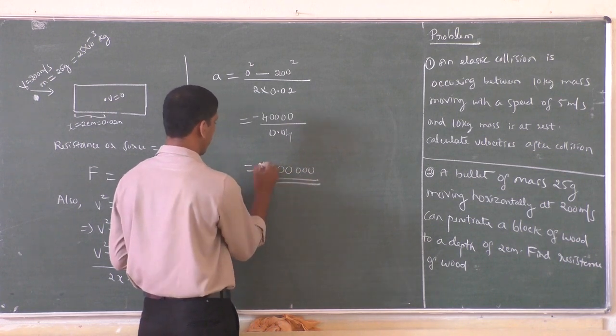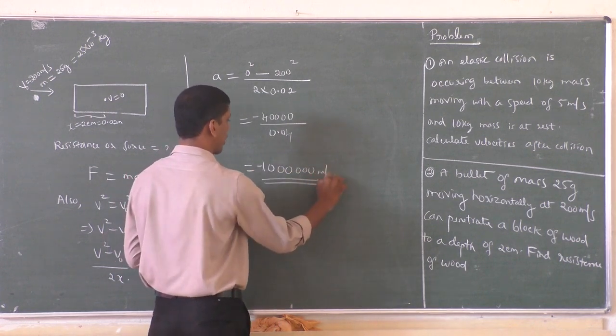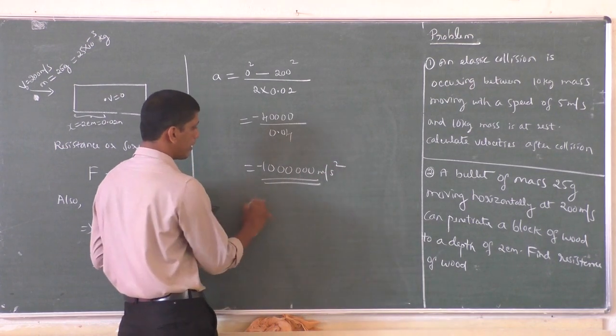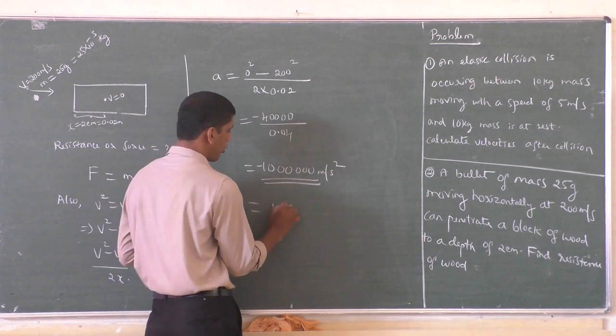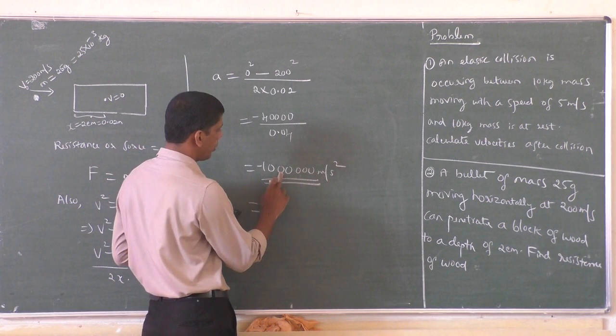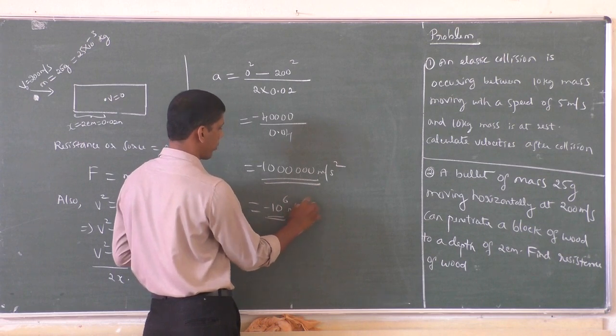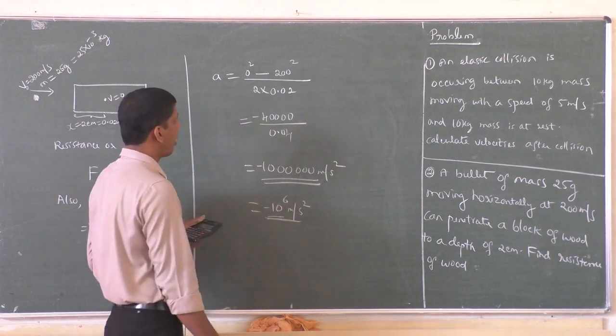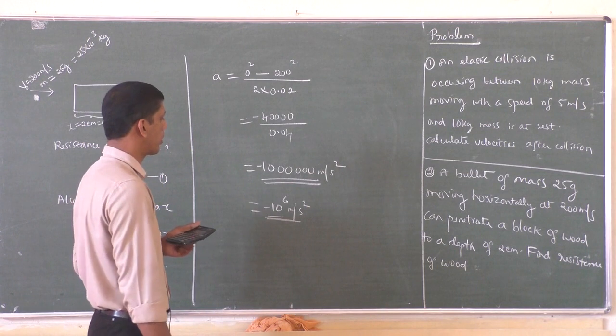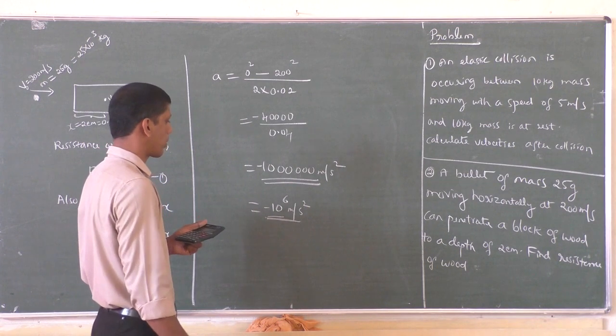So with the negative sign, that much meter per second square. Or this can also be written as 10 to the power 6 meter per second square. Acceleration of that block will be equal to minus 10 to the power 6 meter per second square.